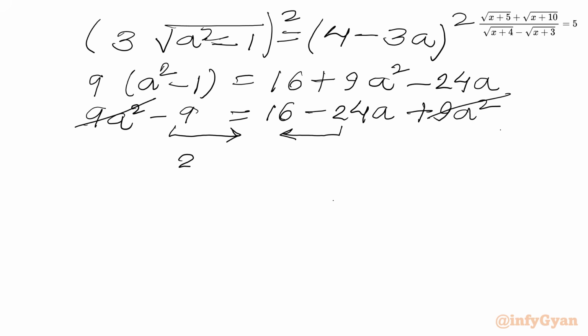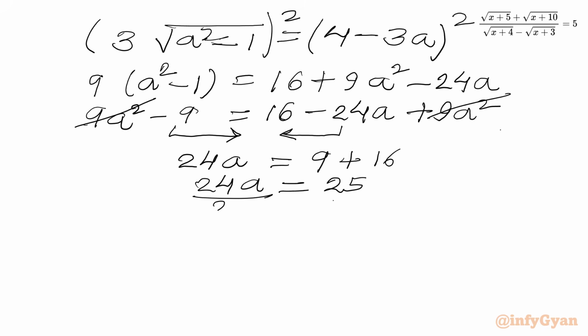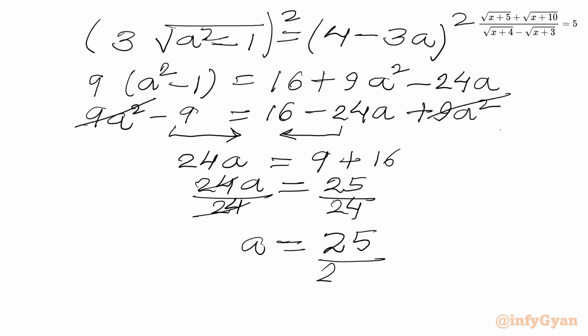So we can write 24a equal to 9 plus 16. So we will write 24a equal to 25. By dividing by 24, we are going to get the value of a, which will be equal to 25 over 24.